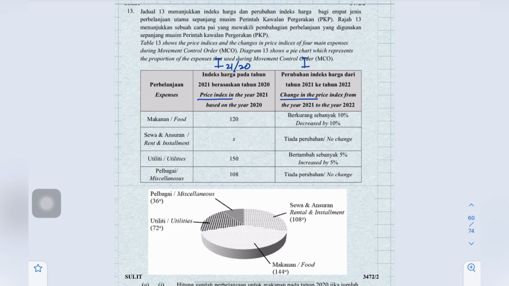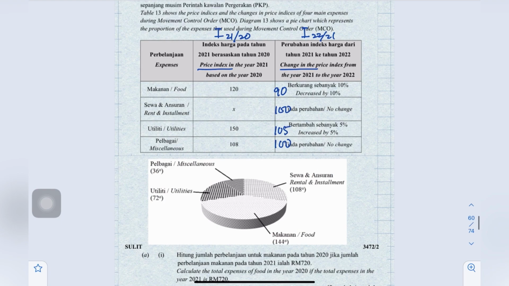So I 21 to 22, so 22 base 21. Decrease by 10, so 100 minus 10, 90. No change, 100. Increase by 5, so 100 plus 5, 105. No change, so 100.